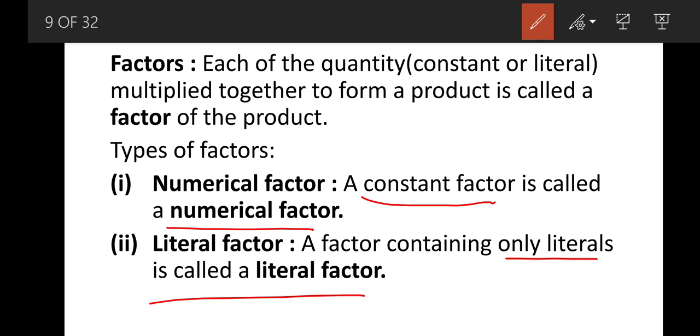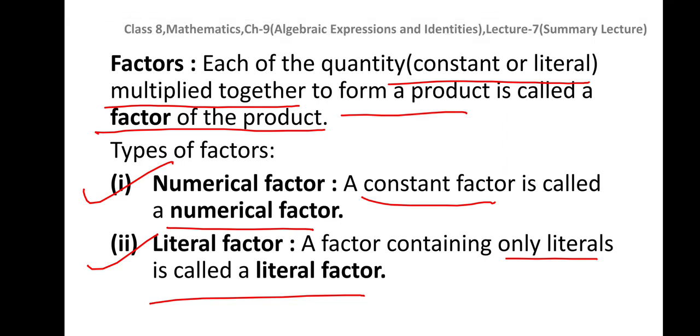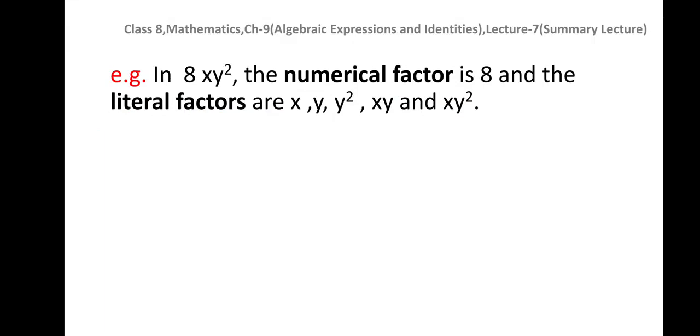There are two types of factors: numerical factor or constant factor, which are one and the same thing, and literal factor, a factor containing only literals. Let us understand this with the help of an example.